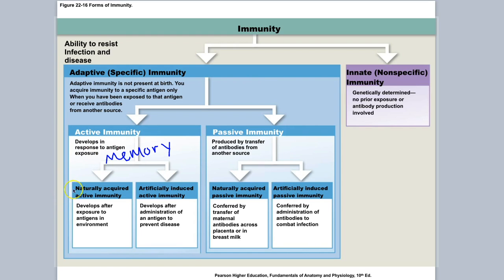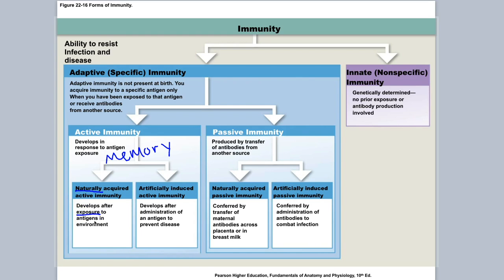So here's one example where we have naturally acquired immunity. The naturally acquired immunity occurs naturally. So this is if we just catch a pathogen. Let's say we catch a cold virus. Okay, a cold virus enters our body, and so we're exposed.